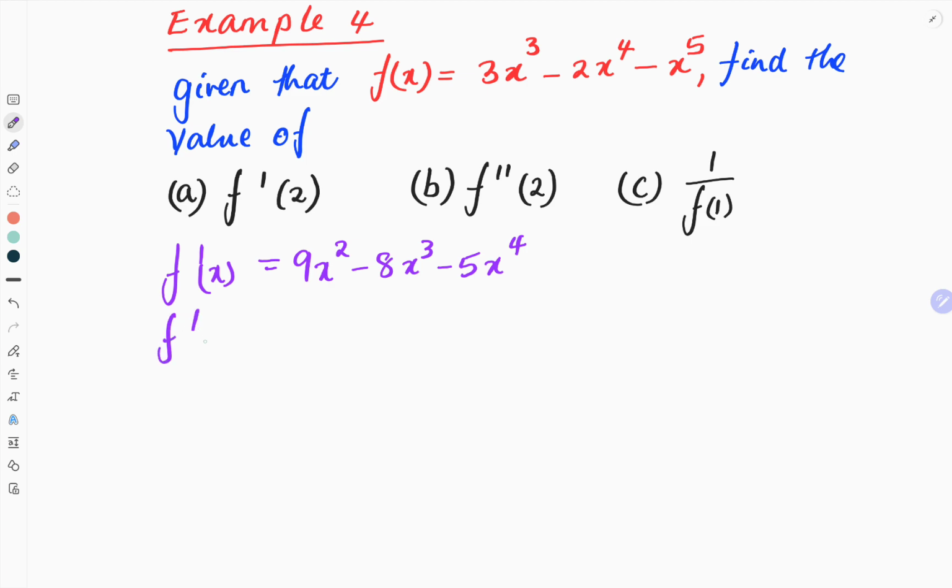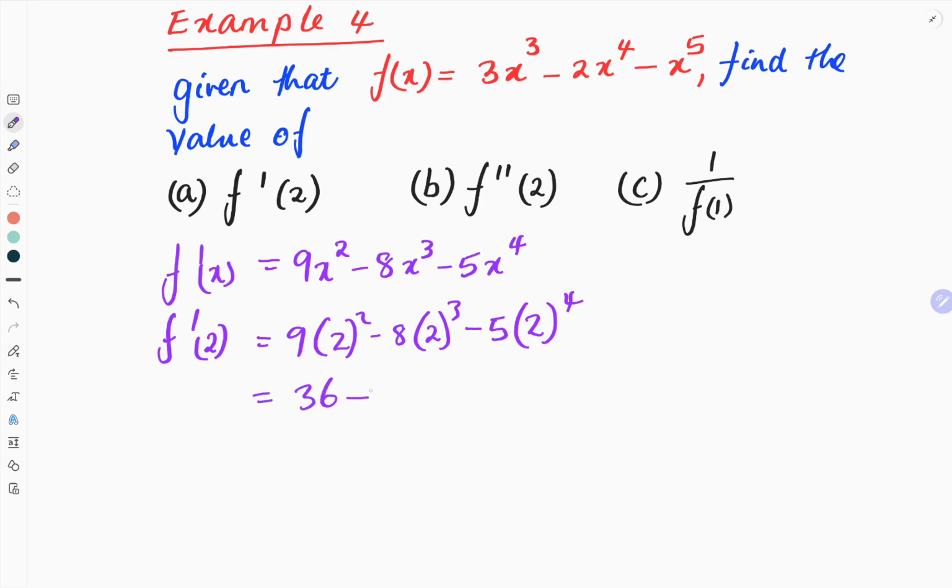Then you just substitute the 2 into the first derivative. And that gives you 9 times 2 squared, minus 8 times 2 cubed, minus 5 times 2 to the power 4. That gives you 36 minus 64, then minus 80, since 2 to the power 4 is 16 and 16 times 5 is 80. And that will give you a final answer of negative 108.